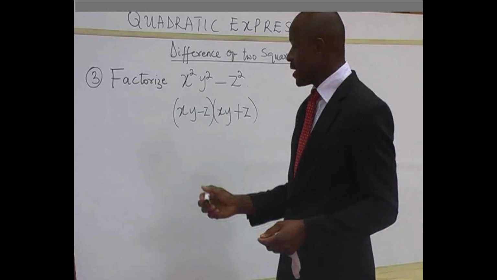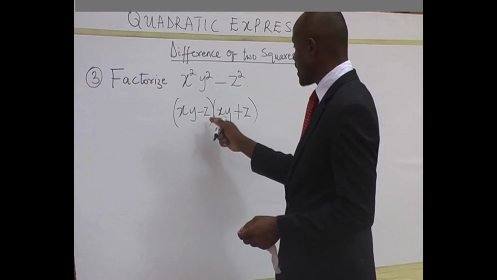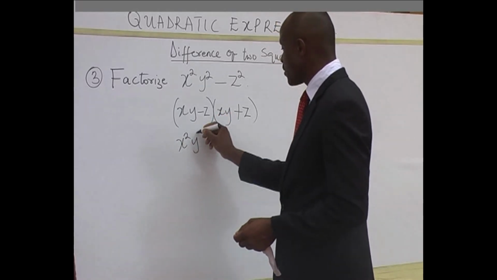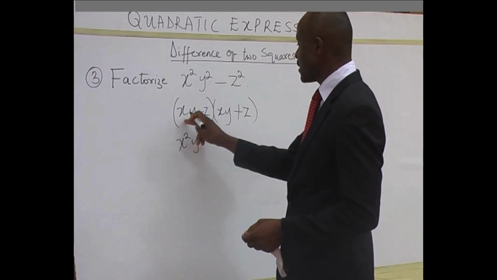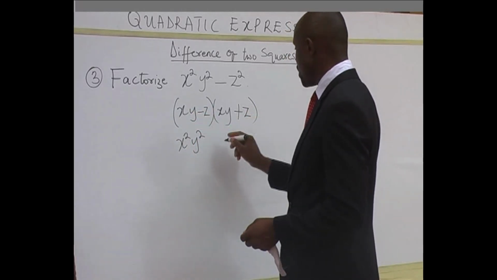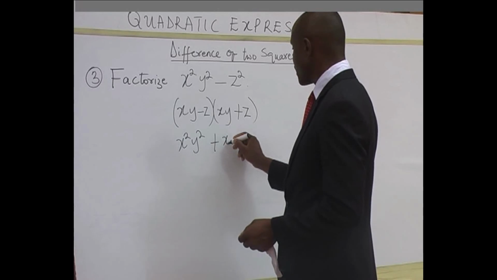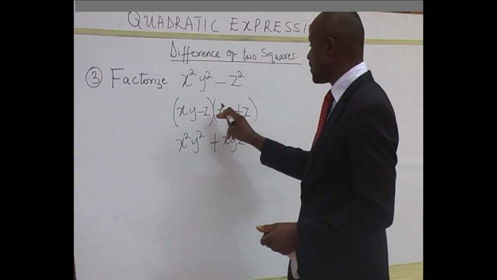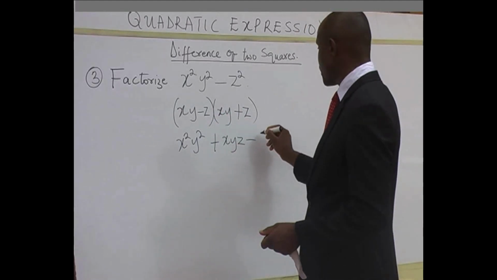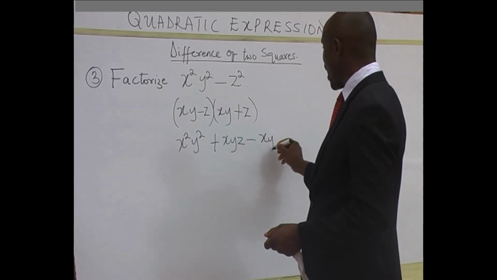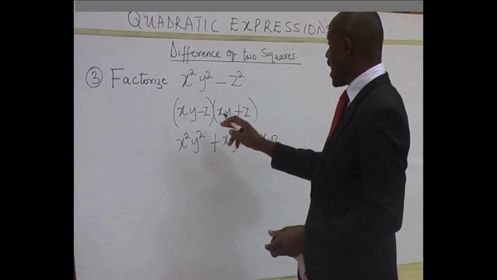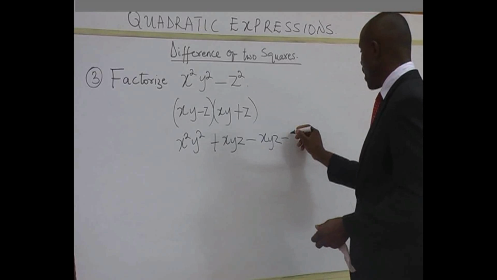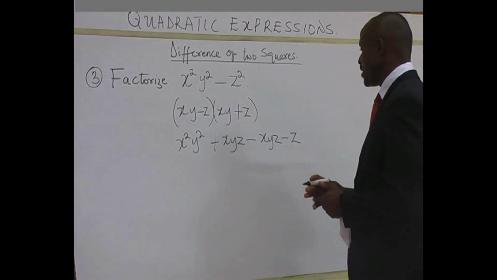For us to check, xy times xy will give you x squared y squared. Xy times z will give you plus xyz. Minus z times xy will give you minus xyz. Then minus z times plus z will give you minus z squared.